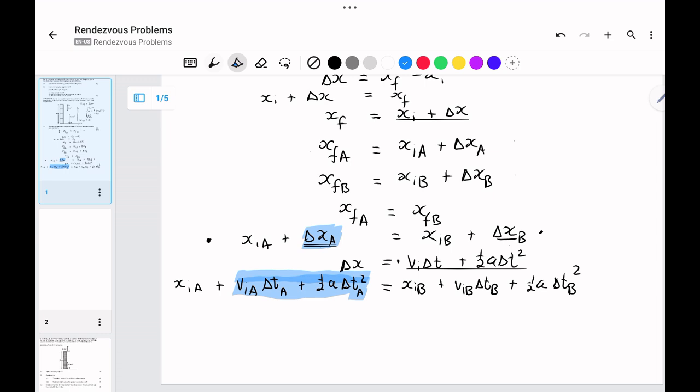Again, all I'm doing is subbing in, rewriting this thing that I've just highlighted. The initial position of B, that's what I've got here. And I've written the displacement of B, that's all of this thing, for which I use this equation.